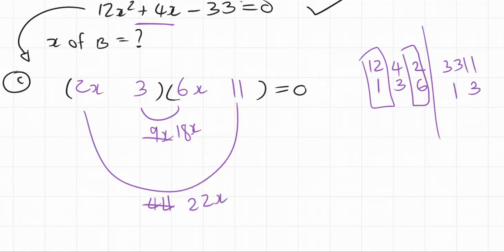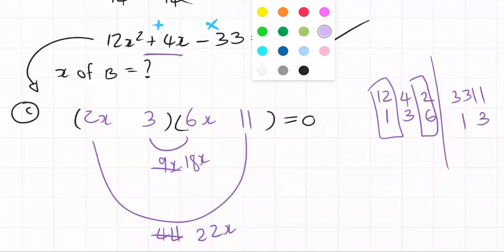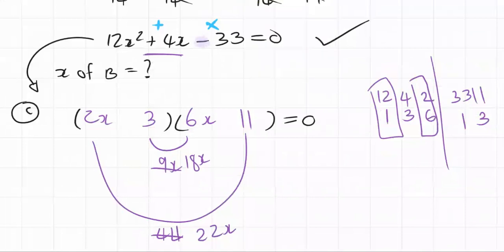So remember, if the third term is a minus sign, then the signs in the brackets will be different from each other. And the one that times together to make the biggest one will take the sign of the middle term. So the sign of the middle term will go to the 22. So it'll be here. Okay.